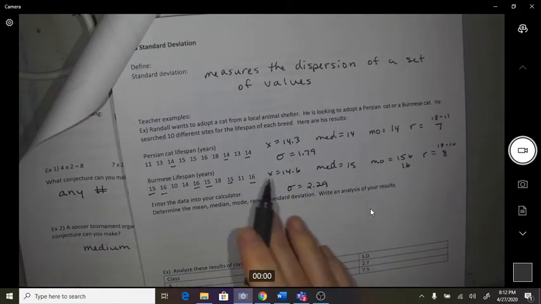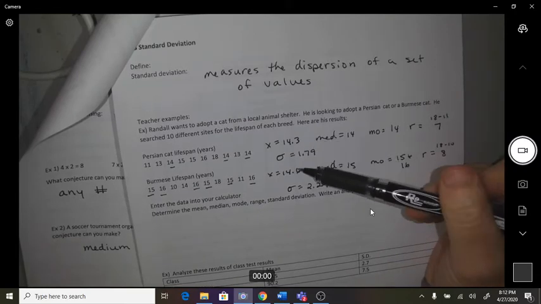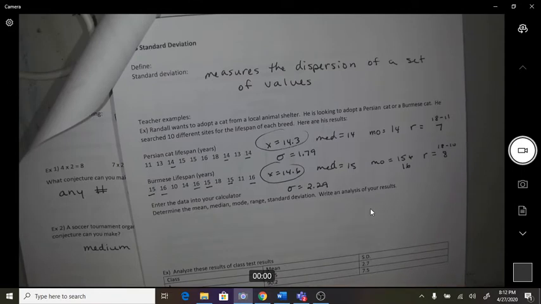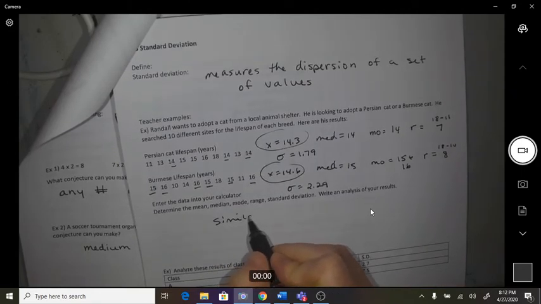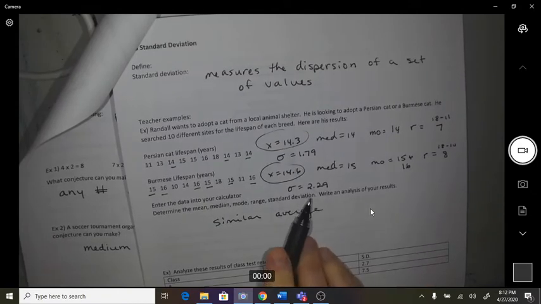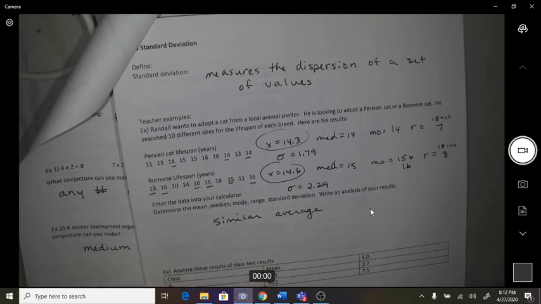Okay, so when we compare these two cats, for the most part, you can see these are pretty similar, right? So similar average, but you can see that this is more spread out, which means you have more of a risk that you could have a cat live for a short time or a long time, versus this is just going to consistently be closer to that average.